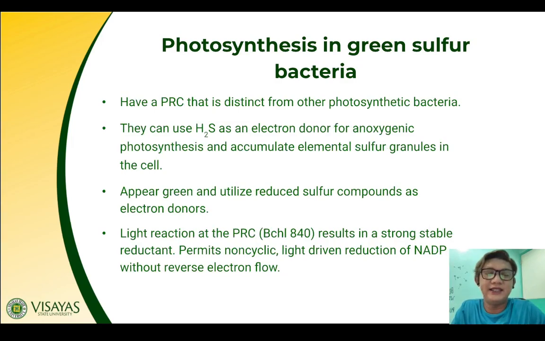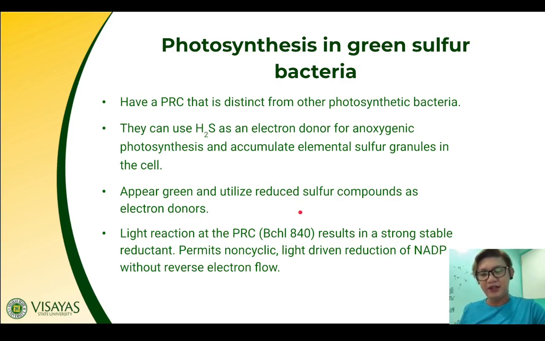For photosynthesis in green sulfur bacteria, they have a photosynthetic reaction center that is distinct from other photosynthetic bacteria. They can use H2S as an electron donor for anoxygenic photosynthesis and accumulate elemental sulfur granules in the cell.